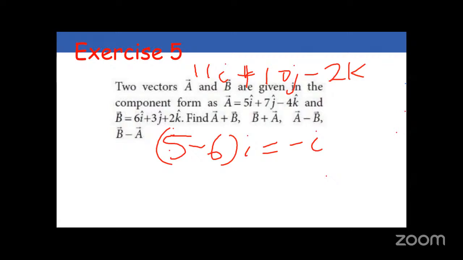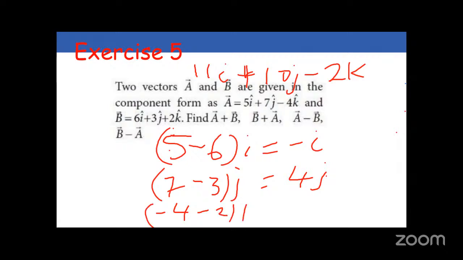So 5 minus 6 is minus 1. So instead of writing minus 1i, you just write minus i. Then 7 minus 3j is 4j. And minus 4 minus 2k will be equal to minus 6k.